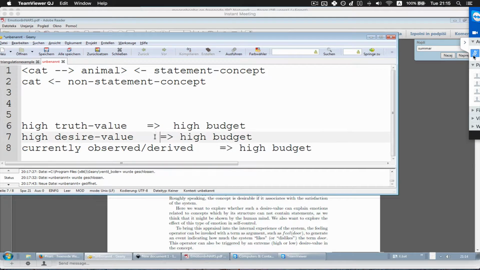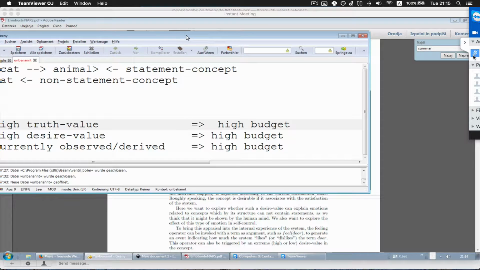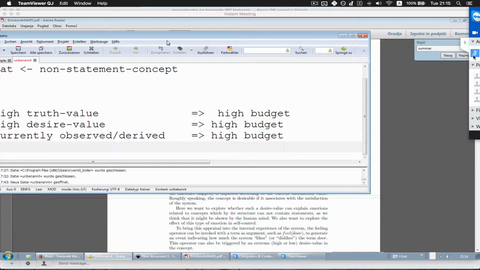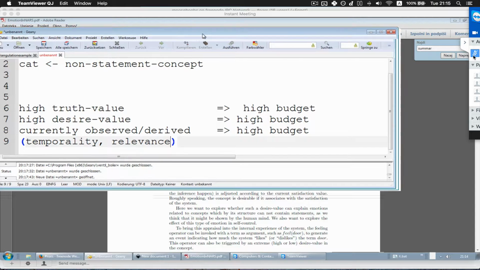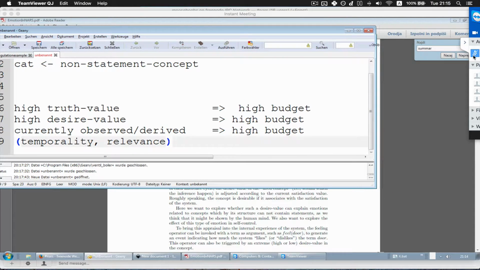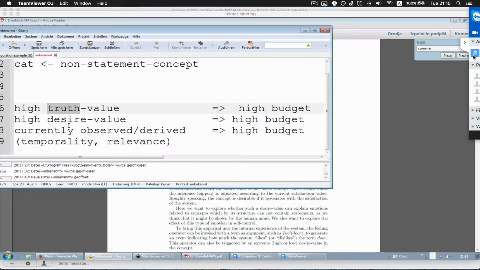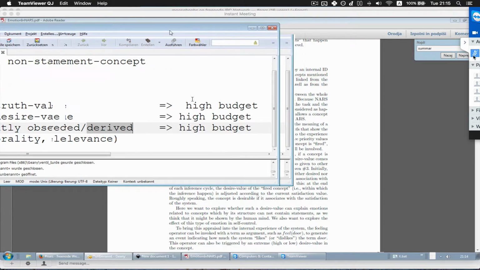So we have this, but the last one could probably record the temporality aspect, but it's also capturing the derivations. I would say also relevant. Right. And it's more that we have these multiple things like high truth value, high desire value, was currently observed, was currently derived, which all adds to a high budget.